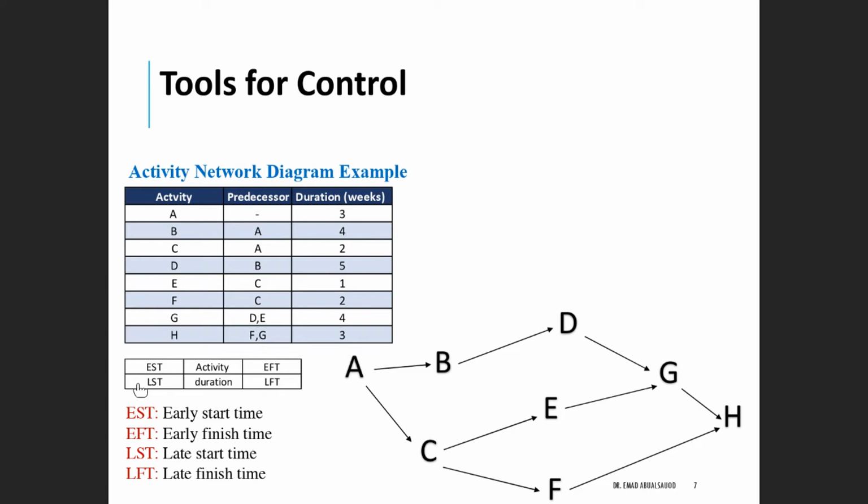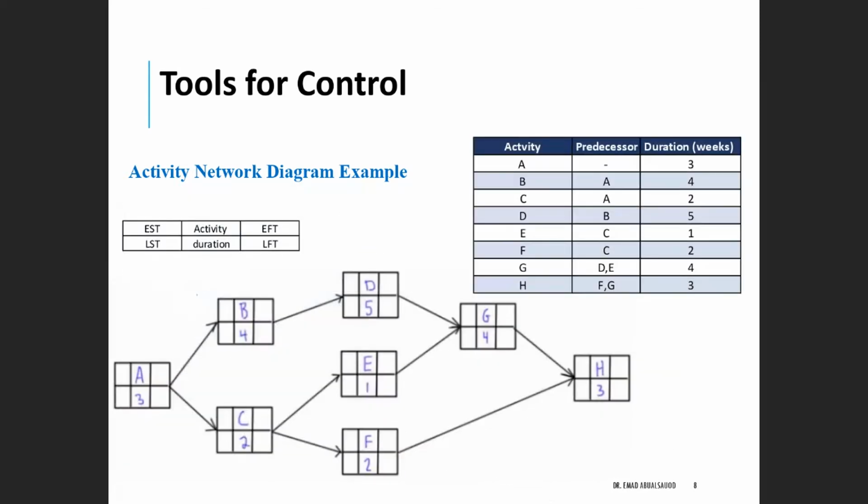Let's see how we replace those letters with this table. So let's move on to the next slide here. Now we have them placed instead of the letters, and the letters are placed where the activity cell is highlighted.